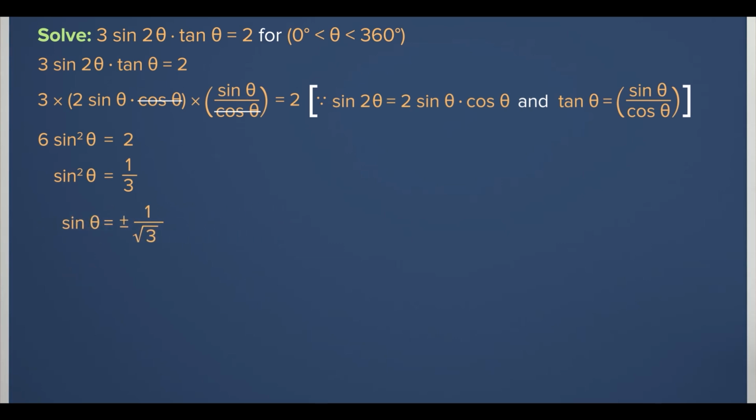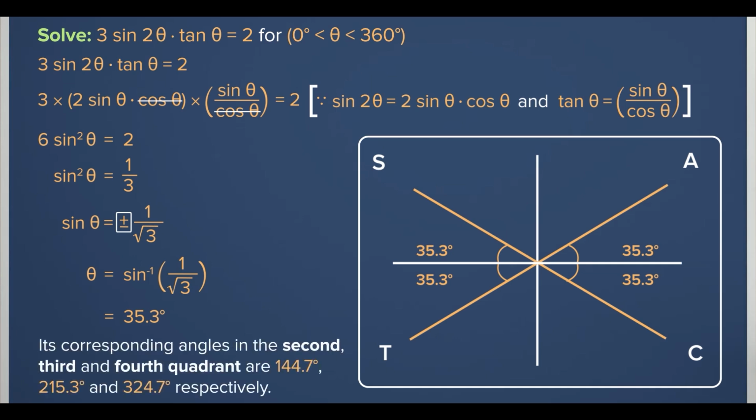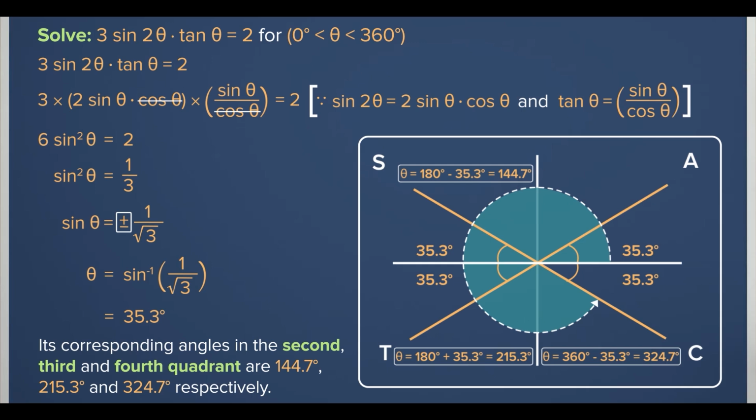Since sine theta can be both positive and negative, that means angle theta can be in all four quadrants. Finding the base angle theta, it should be 35.3 degrees. Then, its corresponding angles in the second, third and fourth quadrants are 144.7, 215.3 and 324.7 degrees respectively. And since the domain of x is between 0 and 360 degrees, all the four values are the solutions to this question.